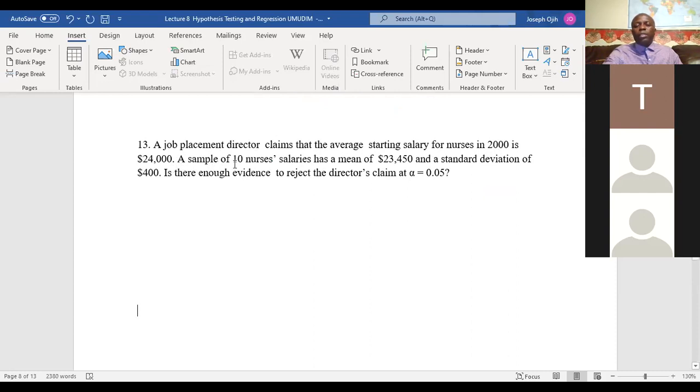A sample of 10 nurses' salaries has a mean of $23,450 and a standard deviation of 400. Is there sufficient evidence to reject the director's claim at alpha 0.05? Solution. The first thing is to state the hypothesis, identify your claim.